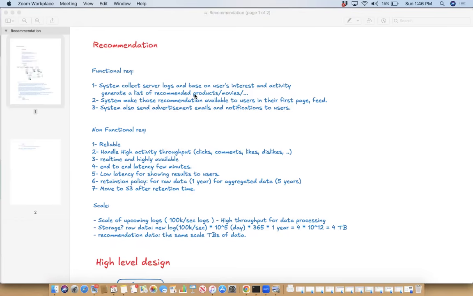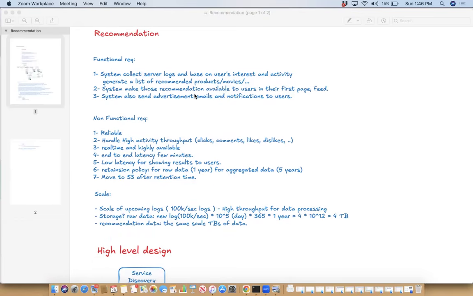Okay, let's get started. Let's talk about functional requirements. System collects server logs and based on users' interest and users' activity, interest comes from activity, right? Like how many times they have liked a product, or what is their comment, and then sentiment analysis of that comment, and then how many times they have ordered that one product, like what is their click rate, what is the conversion rate, all that.